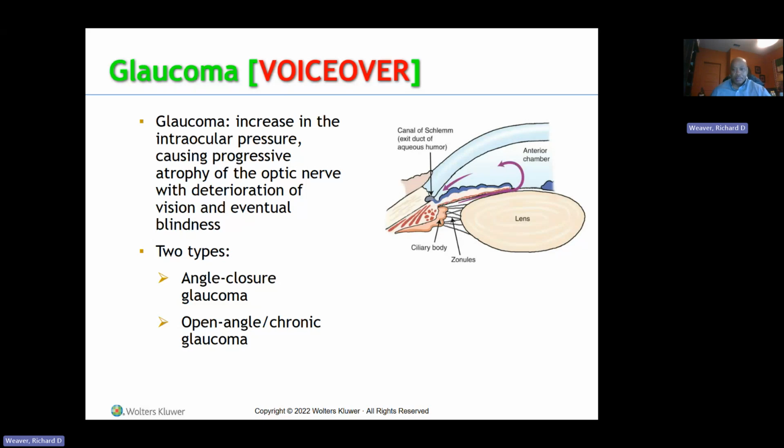So this area forms a filtration angle that maintains the normal pressure within the eye by allowing the excess aqueous humor to leave the anterior chamber, drain into the canal of Schlemm, and go back into the bloodstream.